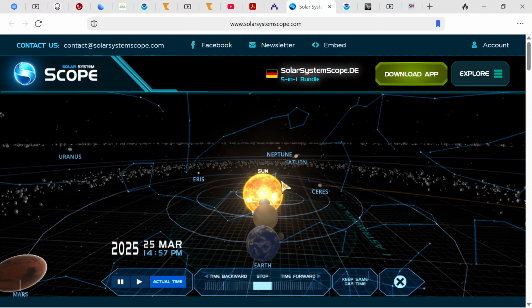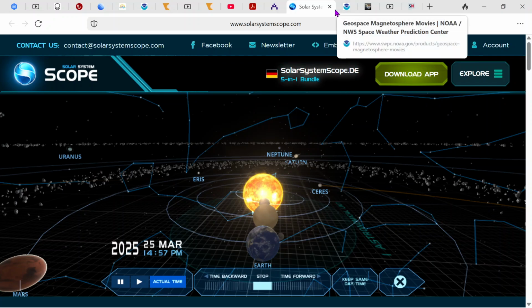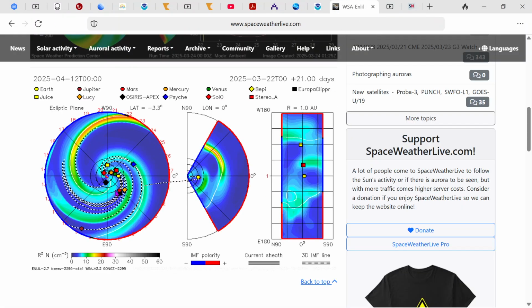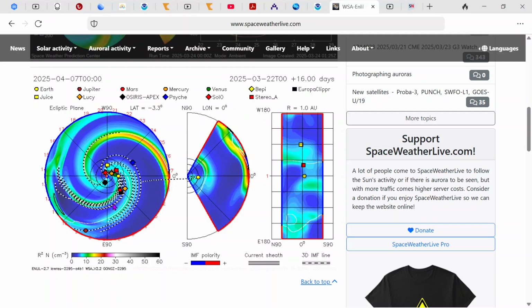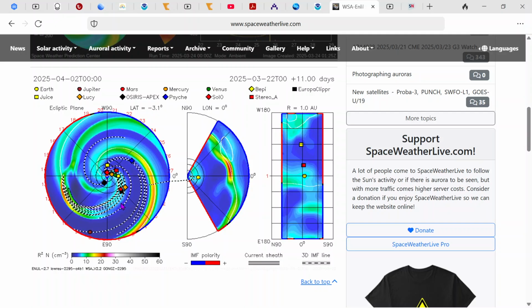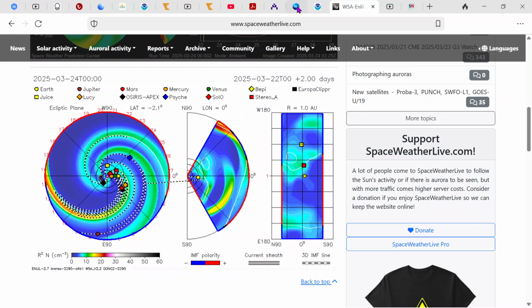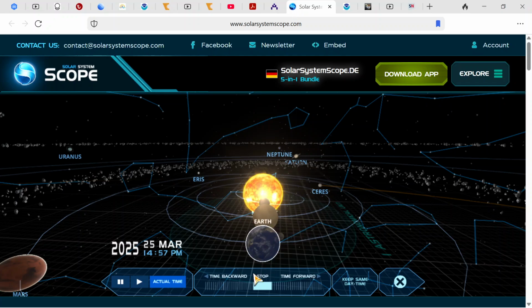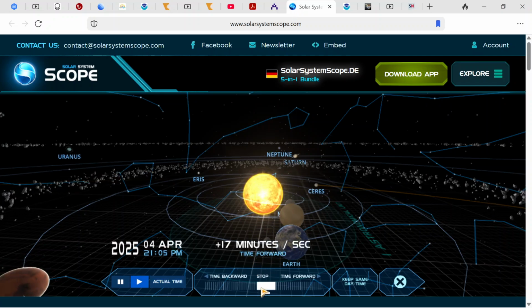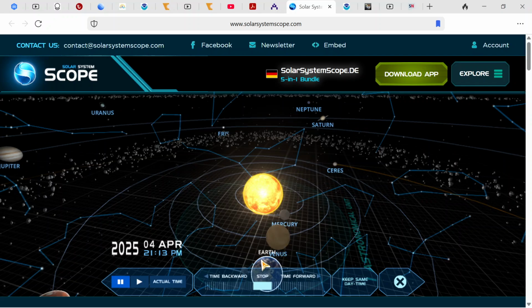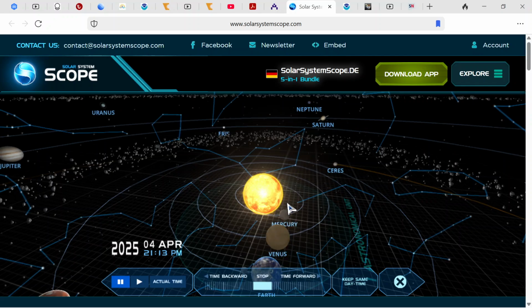But the coronal hole stream follows the interplanetary magnetic field lines. So there will be still some time until we have this kind of curved feature here, until the coronal hole stream reaches.